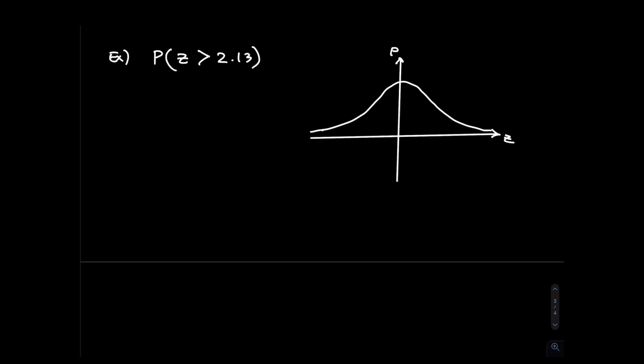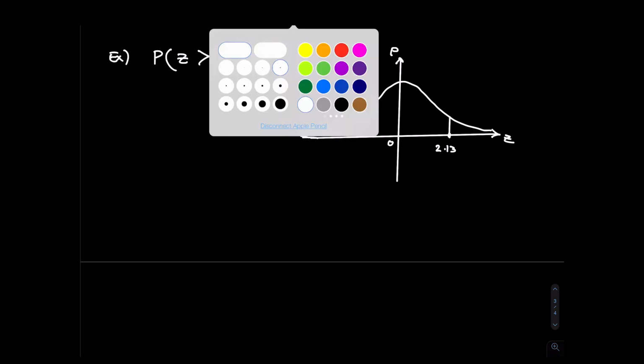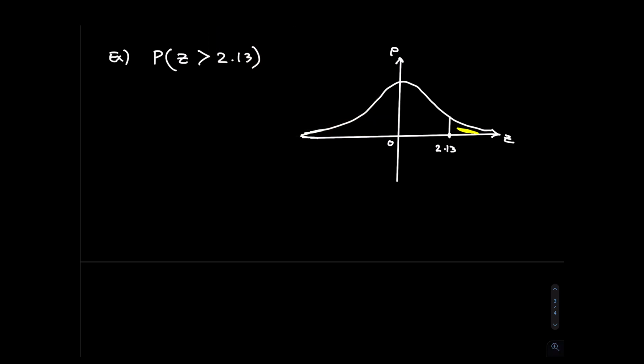Here it's telling me to find a probability that would put me above a 2.13 z-value. Well, if that's 0, 2.13 will be here somewhere. I'm going to use a yellow color for that, so it's asking me to find that probability, the probability that's above 2.13.